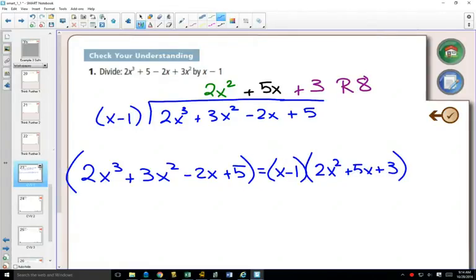And that would be what it would equal if it was perfect. But we have a remainder, so we write our remainder at the end as plus 8.